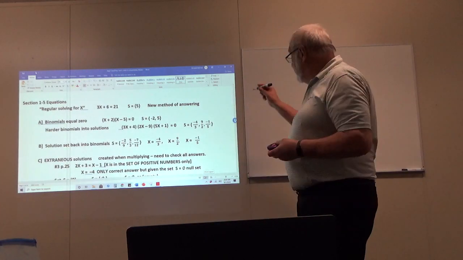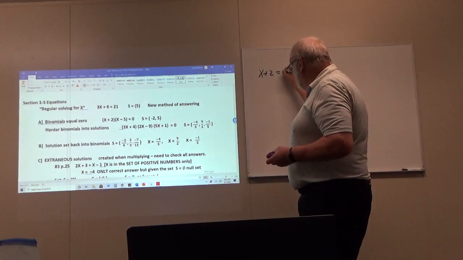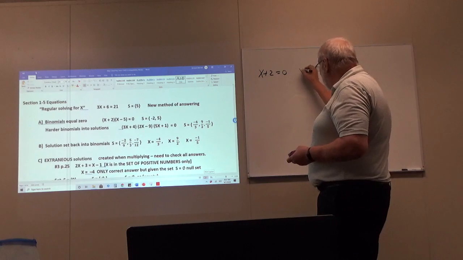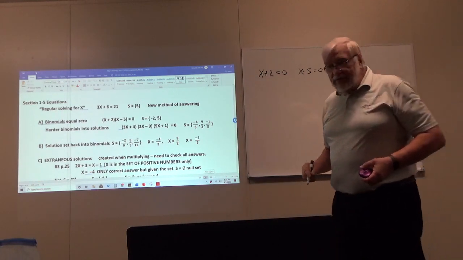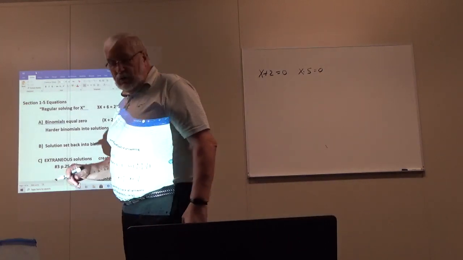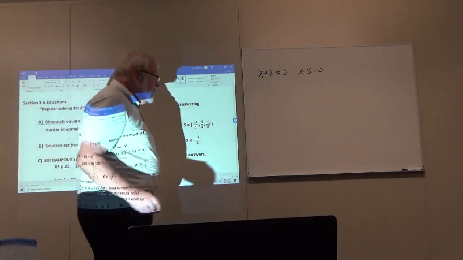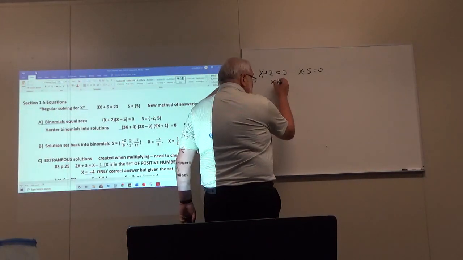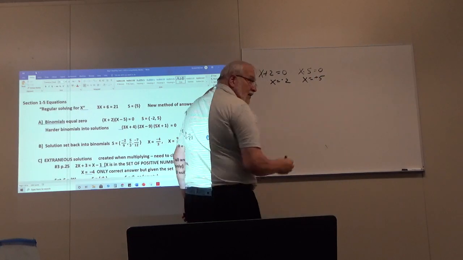Agreed? All right, so what happens, you have x plus 2 equals 0, and you have x minus 5 equals 0. If you solve those two equations really quickly for x, I find that x equals -2 and x equals positive 5.